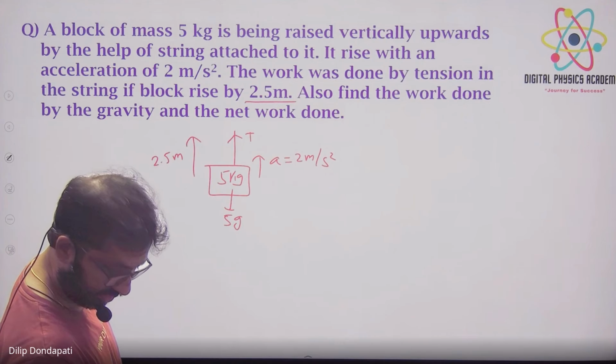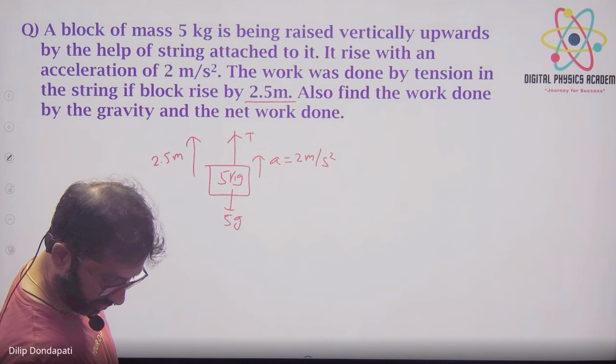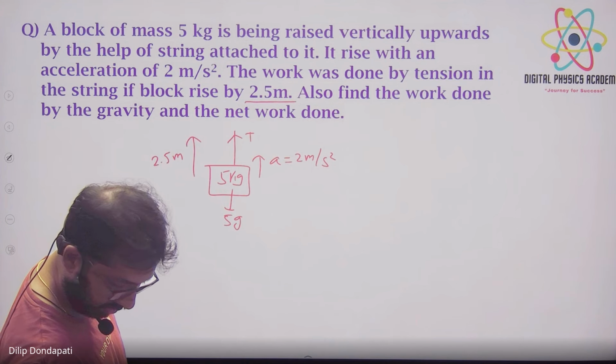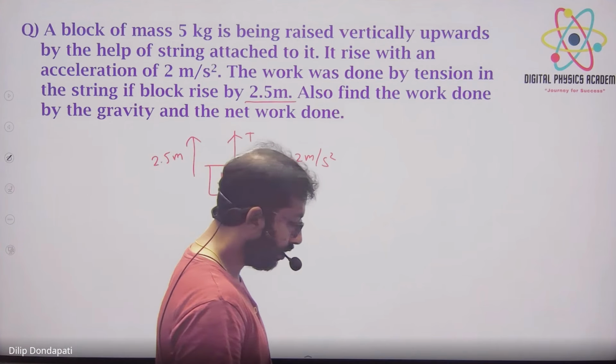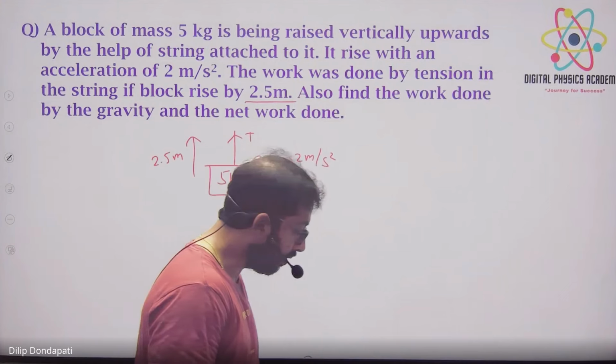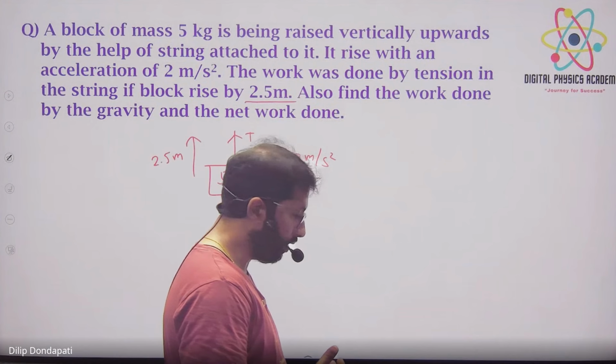So I took the value wrong. So net work will be 25. Net work is 25, yes. So gravity is minus 125.